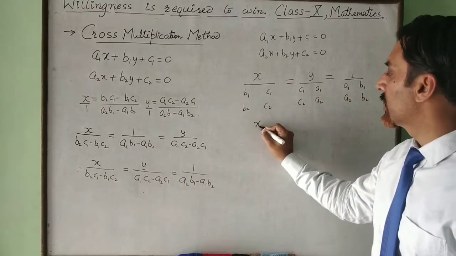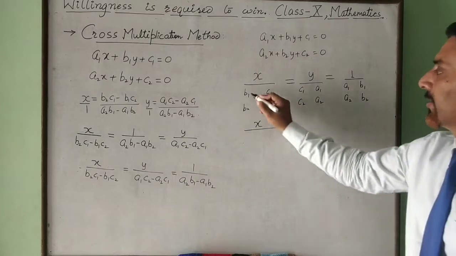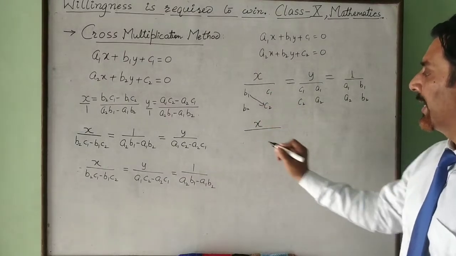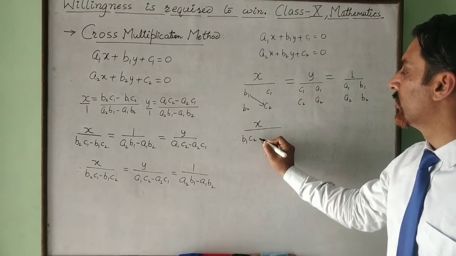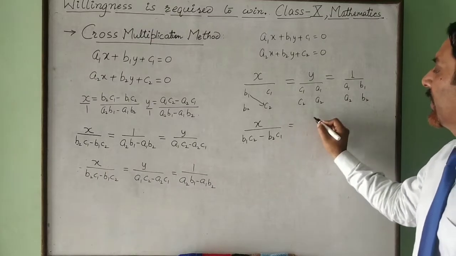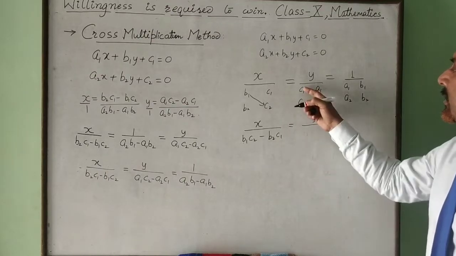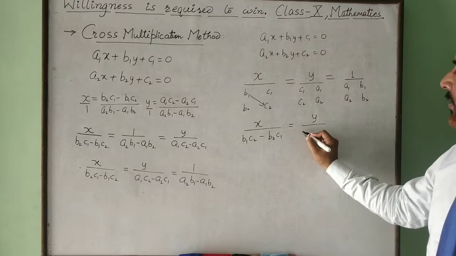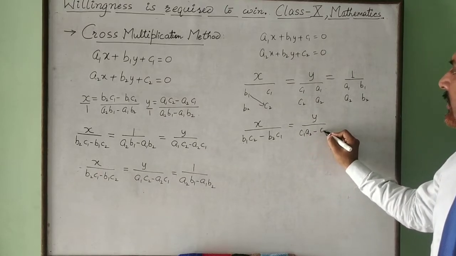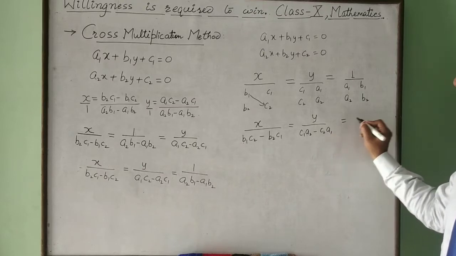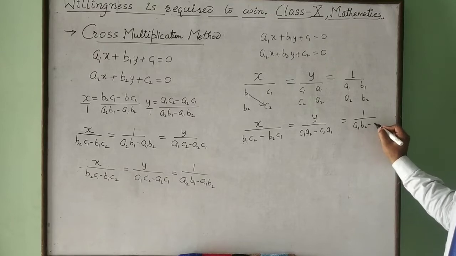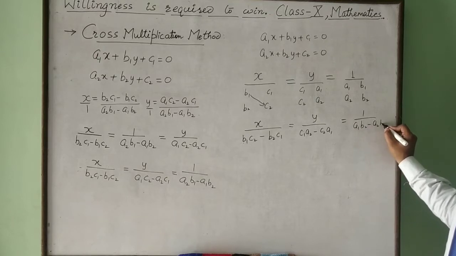Now using the cross multiplication technique, I'll multiply it from left to right. So I'll be having b1 c2 minus b2 c1. In the same way here I'll have y, c1 a2 minus c2 a1. And here I'll be having 1 upon a1 b2 minus a2 b1.